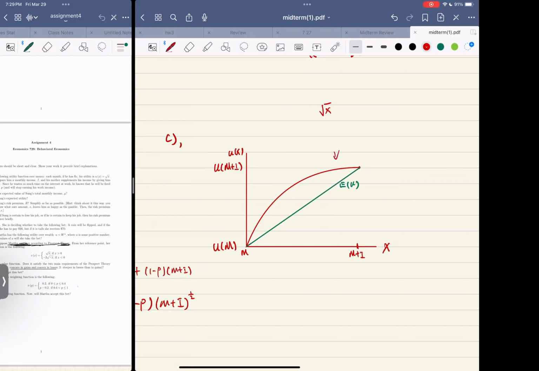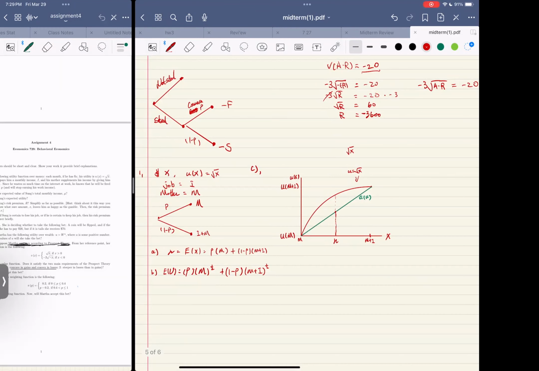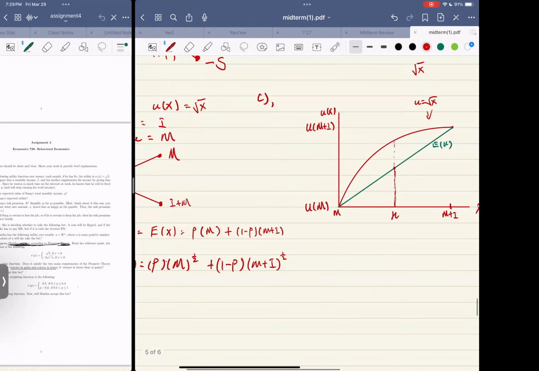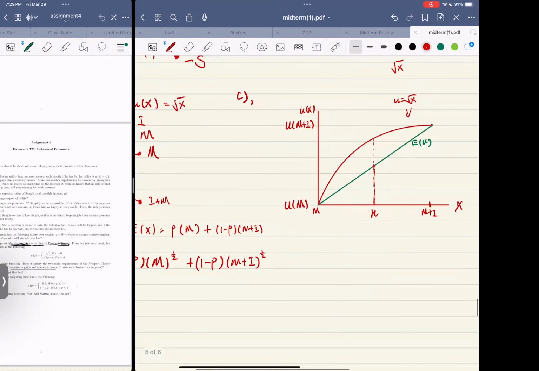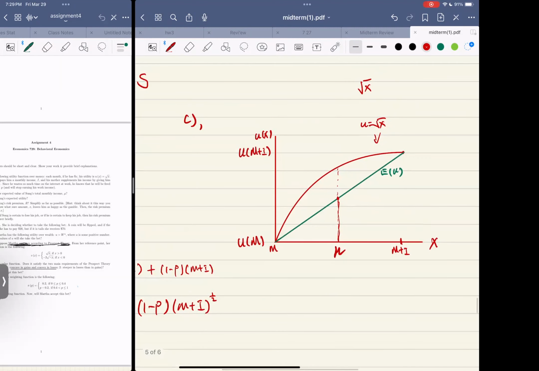And red is U equals the square root of X. Okay, so we calculate that mu is our expected value of monthly income, right? It's the probability times M plus 1 minus the probability times M plus I. That's our mu. And the utility of that.